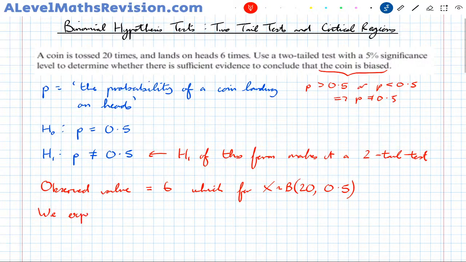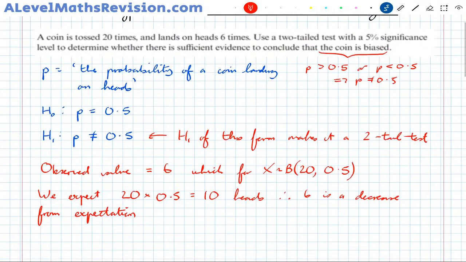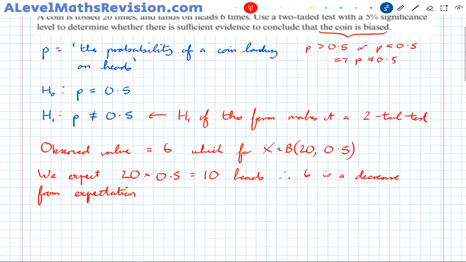So we expect 20 times 0.5 equals 10 heads. Therefore, 6 is a decrease from expectation. So everything I'm writing in red here, you're not necessarily expected to write down in an exam, but you are expected to understand it and be able to do this thought process. Yep, Laura, I see yours now. 10 was correct.